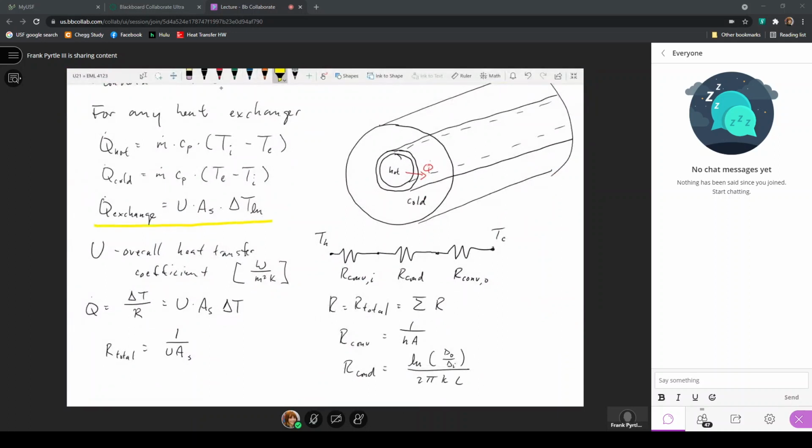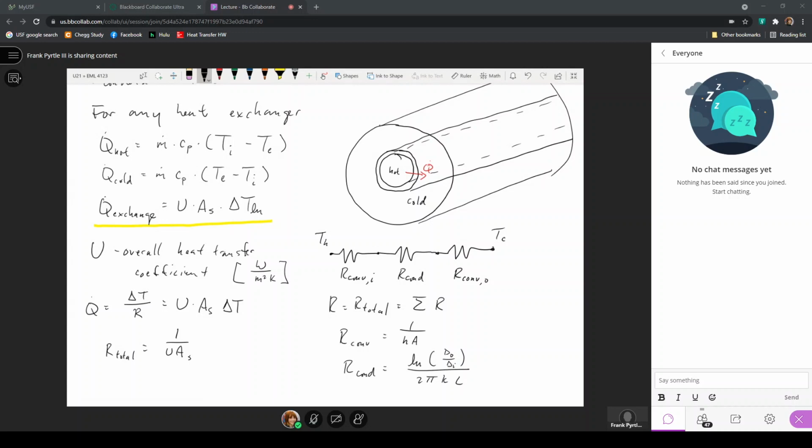this expression of the overall heat transfer coefficient is an average value along the entire length, and the log mean temperature difference is an expression of the average temperature difference that occurs along the entire length of the heat exchanger.